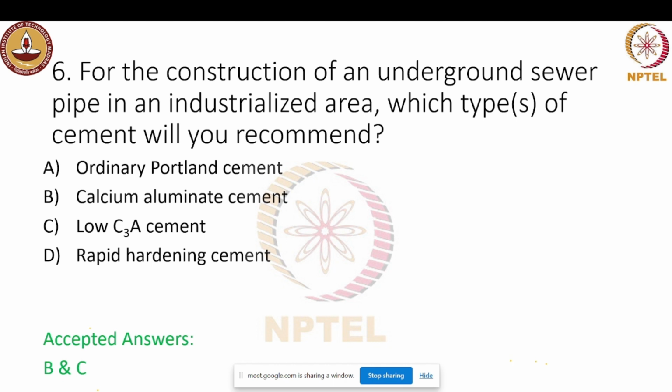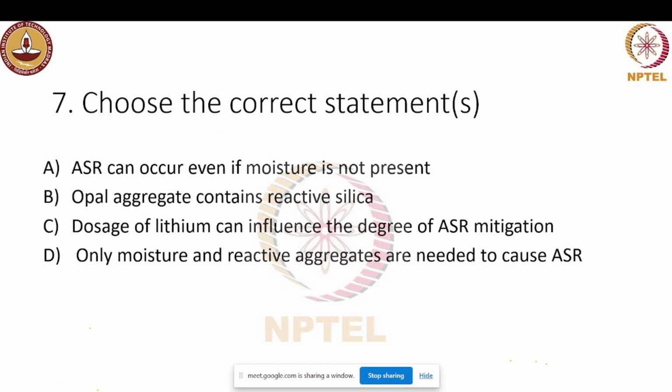Okay, so we'll go to the next question. Choose the correct statement. ASR is alkali silica reaction. Alkali silica reaction can occur even if moisture is not present. Opal aggregates contain reactive silica.